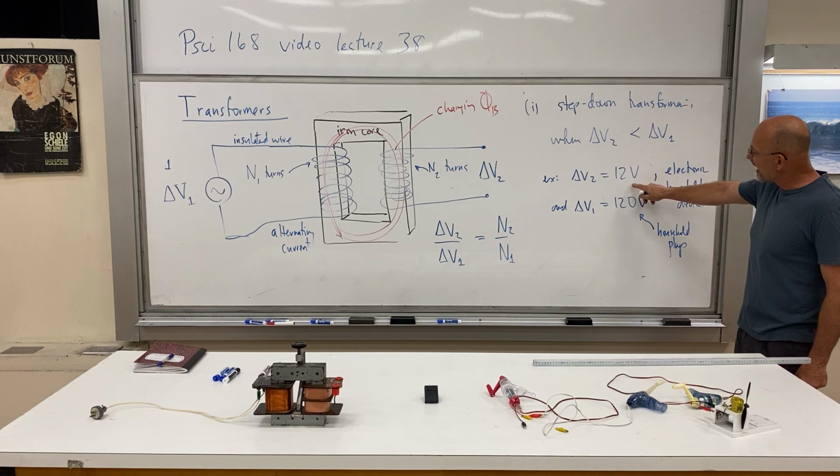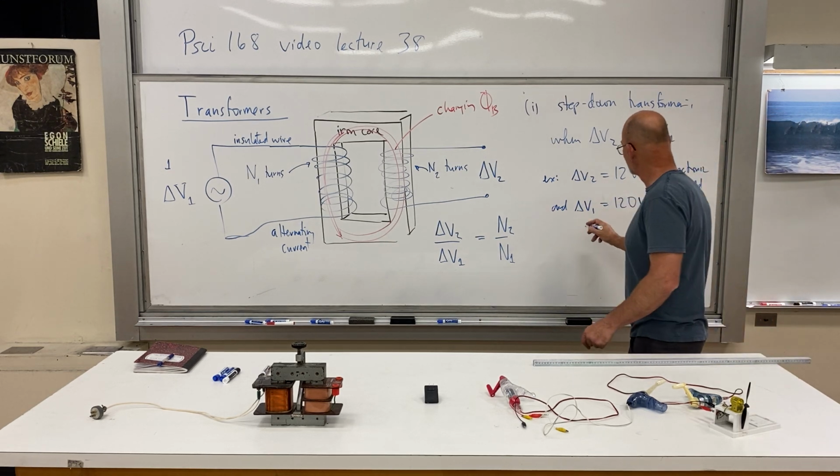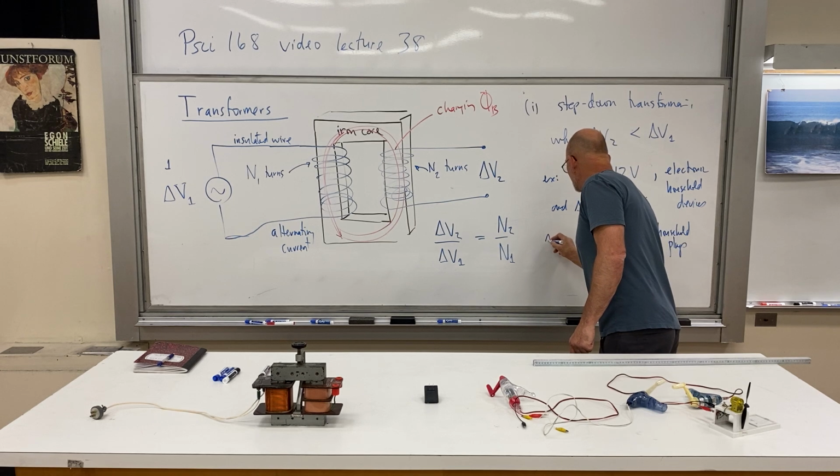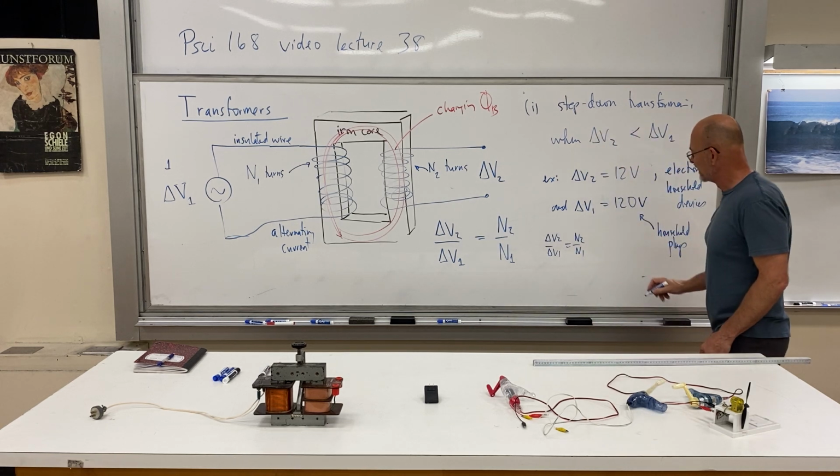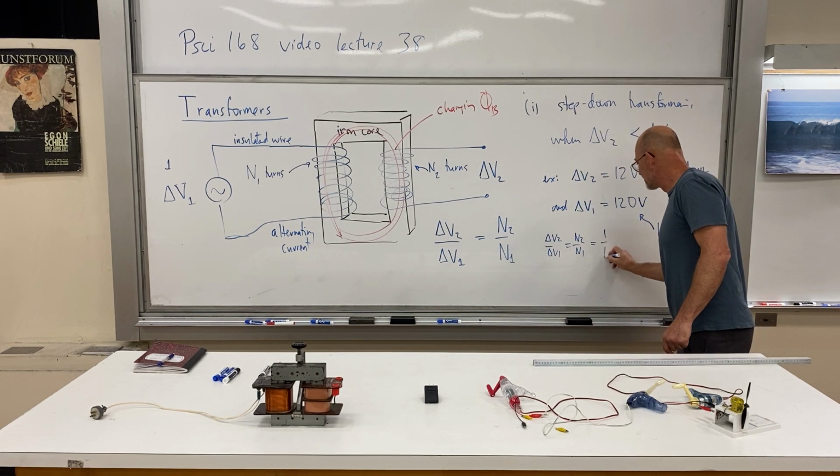So to achieve that, you just have to step down. So you have delta V2 over delta V1, N2 over N1. It's going to be 1/10.